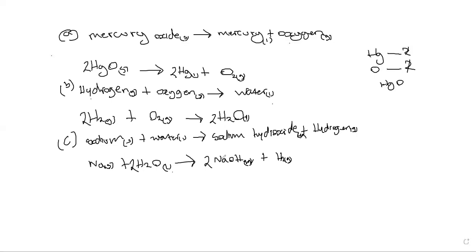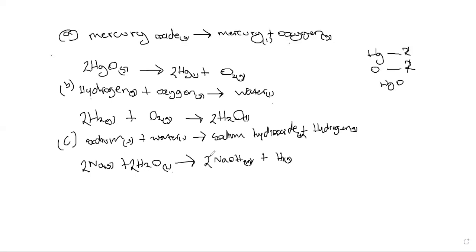Then since these are affected, the sodium on that part is 2. So sodium, we have 2, and here sodium is 2. Hydrogen, we have 2 times 2 is 4.